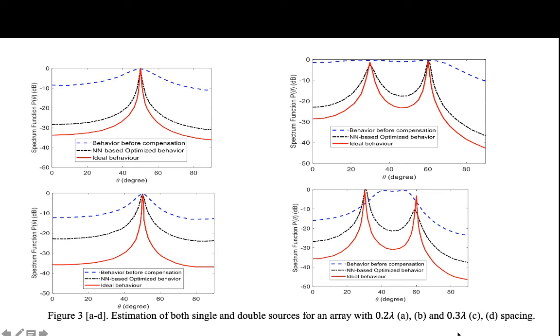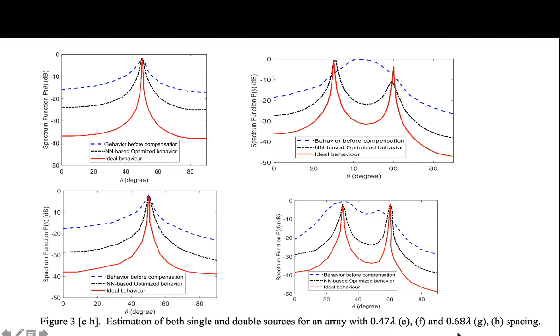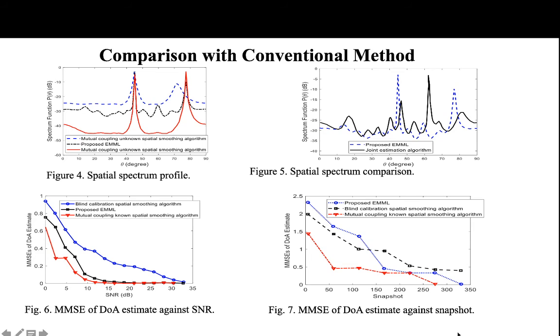The same thing is also done here at a shorter wavelength, where the mutual coupling effect becomes stronger, and this is the performance. We also compare the method with the conventional method in terms of mutual coupling, and this is the spatial spectrum profile that we fed into the system, and this is the comparison.